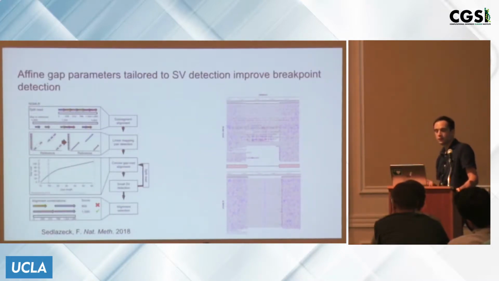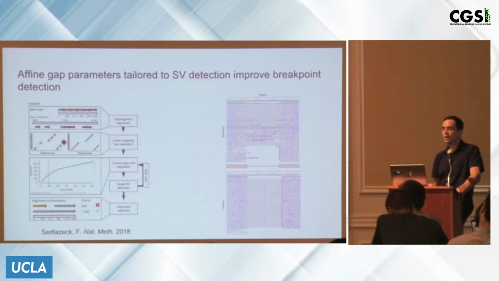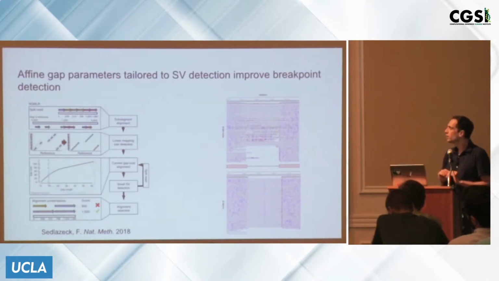The approach that Fritz took was to say, okay, well, let's actually try and design the gap parameter around finding variation. And so very importantly, the gap parameter gives essentially very low penalties to structural variant sized variants. And what this does is essentially push the gaps into fairly well defined regions.